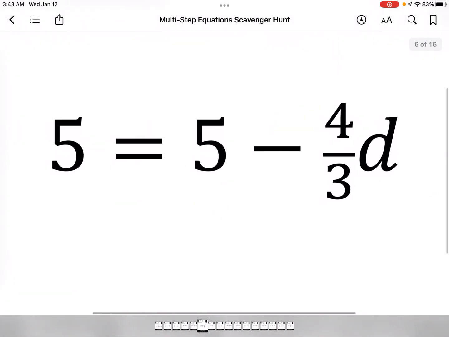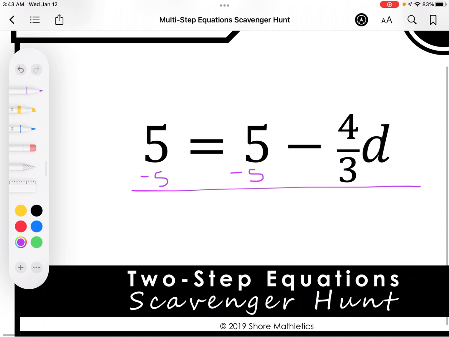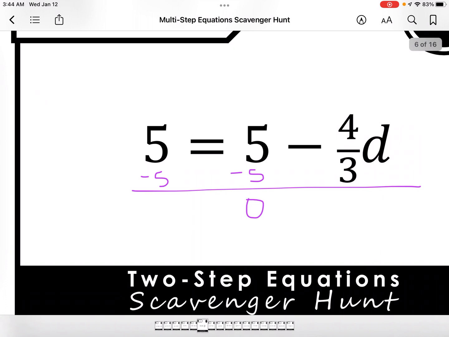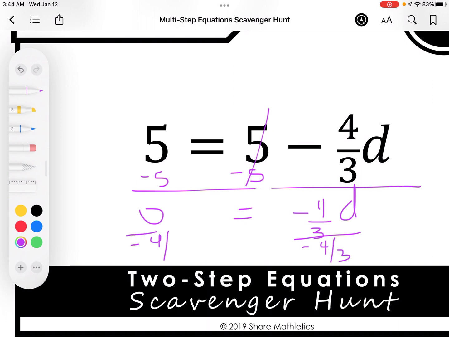So I'm going to subtract 5 on each side. Oh, I don't write my 0 there. So I have negative 4/3 d equals 0. If I divide by negative 4/3, well, I get 0.